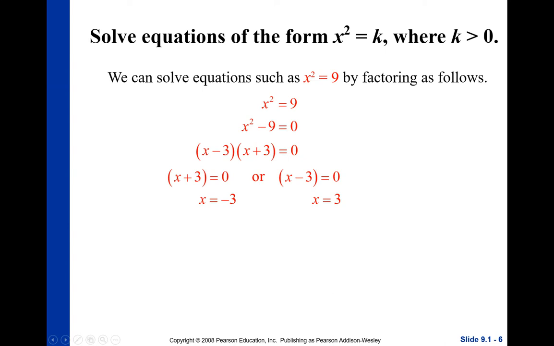So, 3 times 3 equals 9. Pero, kailangan yung isa ay negative. So, x minus 3, then x plus 3. Then, bring down 0. So, nakakasunod pa rin naman, no? Basic na basic pa rin. Then, kailangan nating i-equate sa 0 yung bawat factor. So, x, lipat natin sa kabilang side, plus 3 is equal to 0.